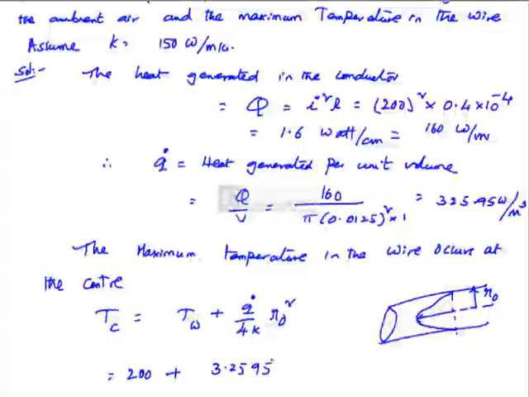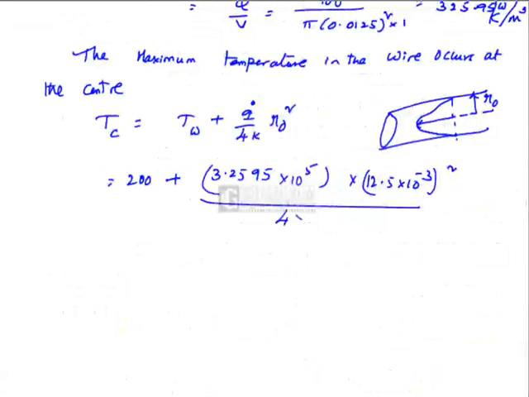3.2595. Please note that 325.95 is kilowatt, I'm sorry, it is the kilowatt per meter cube. 3.2595 into 10 power 5, that is so many watts per meter cube, into 12.5 into 10 power minus 3, this is a radius in meters whole square, divided by 4 into 150.